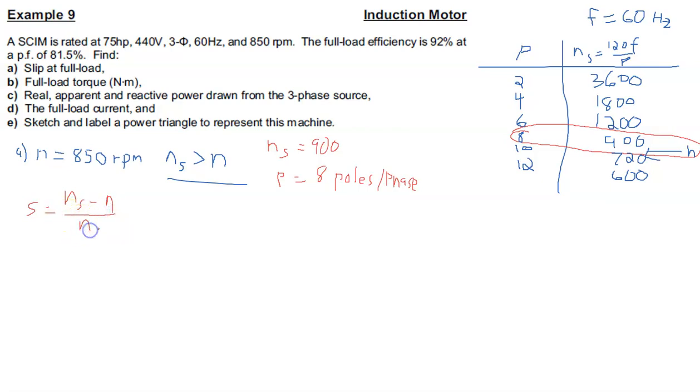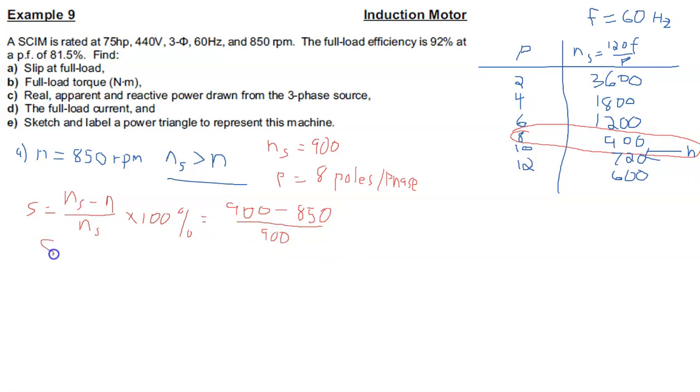But when we are asked for slip, we should always write it in percent. So we have 900 RPMs, subtract 850 RPMs, which gives us a slip speed of 50 RPMs, and divide that by the sync speed, which was 900.